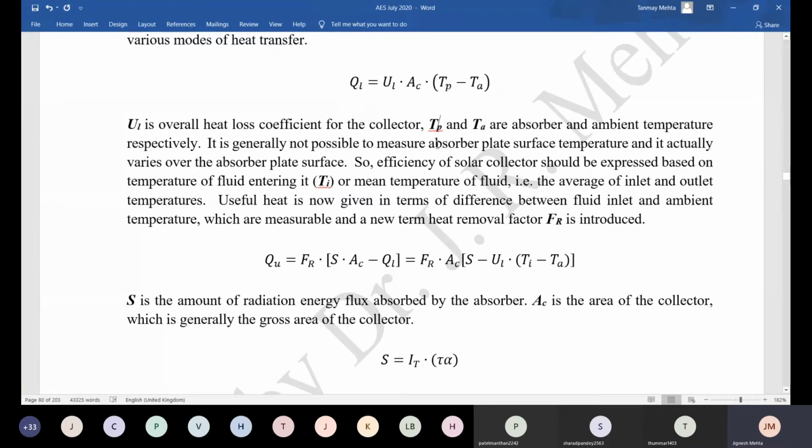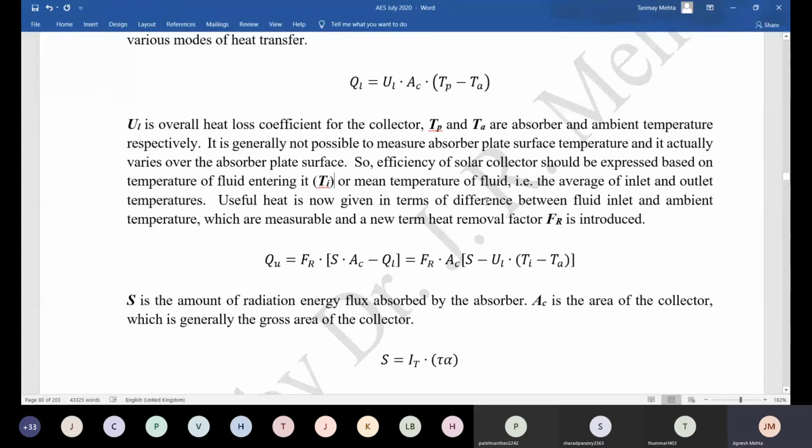So it is to be replaced with some other temperature, and that temperature is generally the fluid entry temperature, TI, which is measured while testing a collector. Okay, so that is one thing. So we would like to replace this TP with TI.